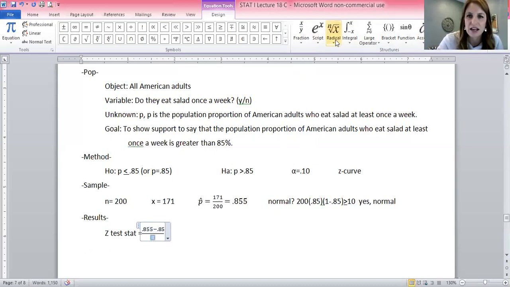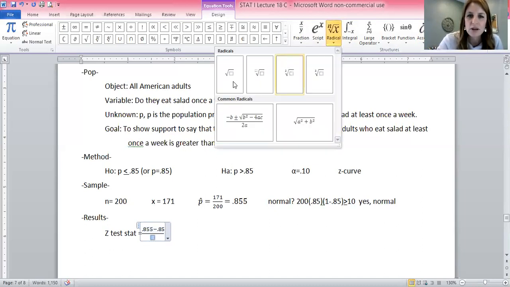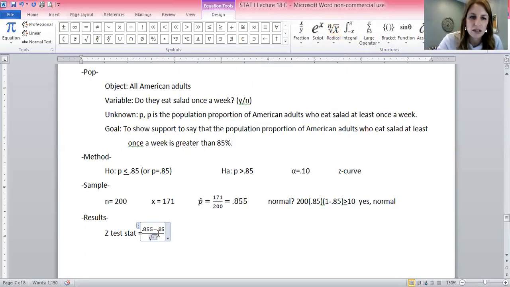And the standard error is the square root of a fraction. You guys get to see how I use my equation editor here a little bit. I think all the word programs have this, so anyone can use this. Remember, here's my p naught as well. So it's 0.85 times 1 minus 0.85 in the numerator divided by n, which is 200.